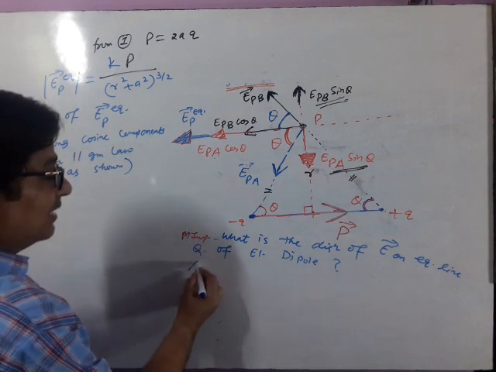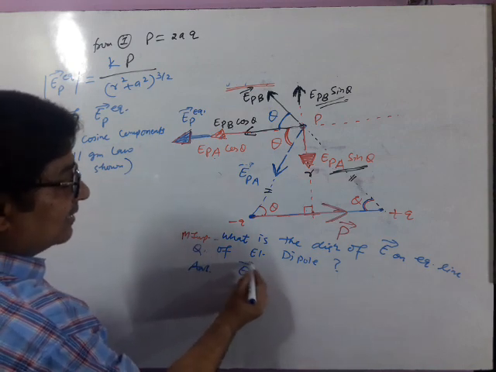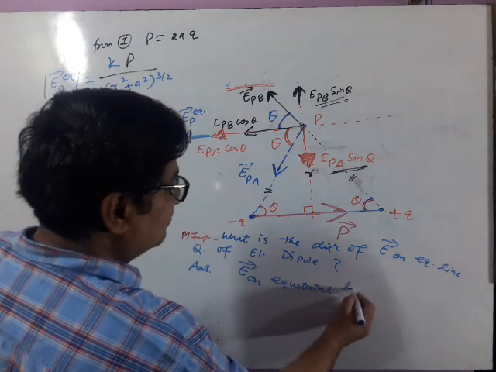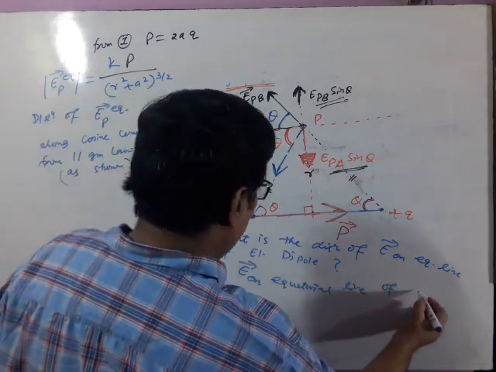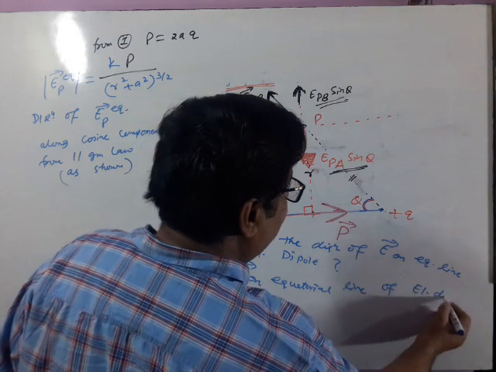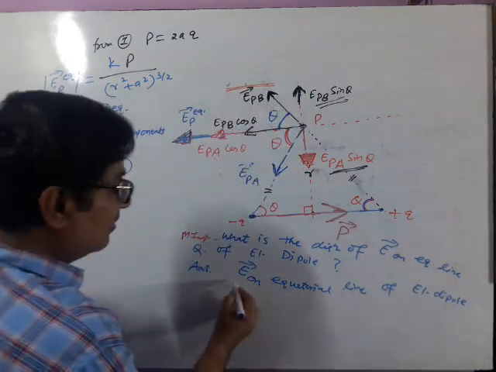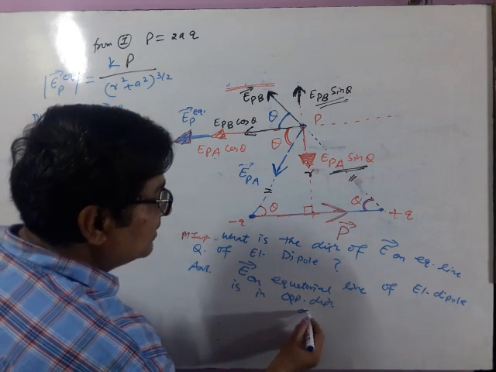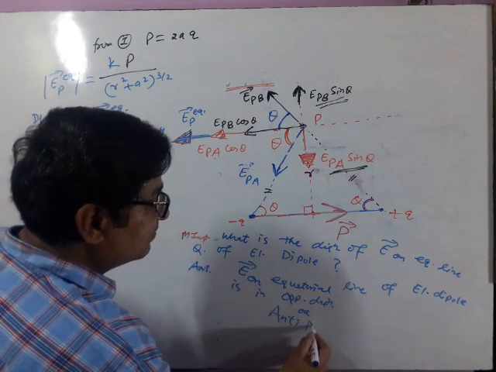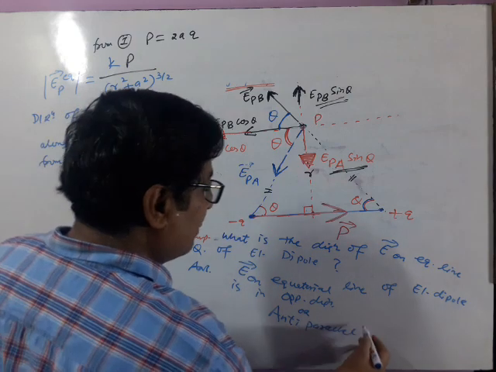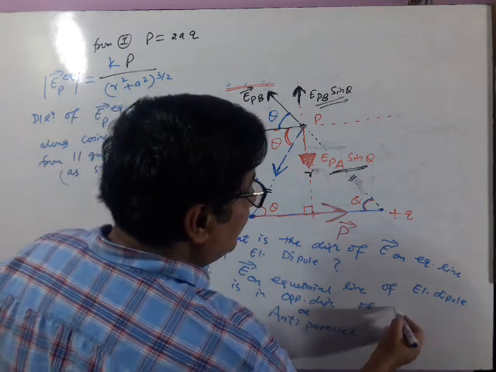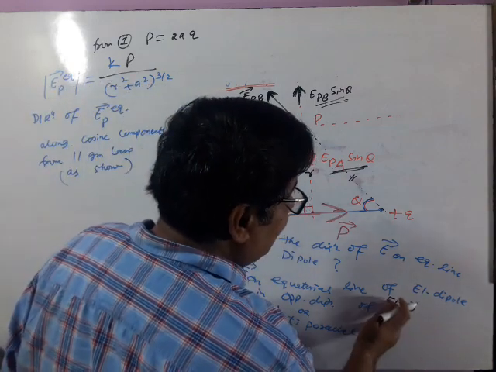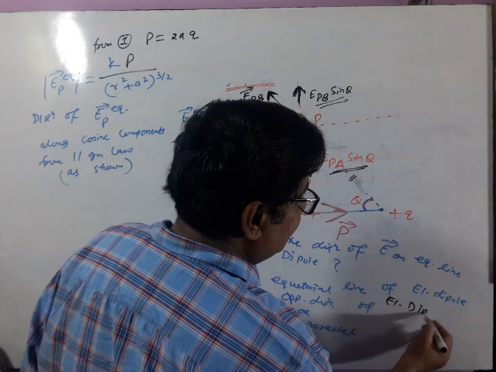Then you will have to write like this: electric field on the equatorial line of an electric dipole is in the opposite direction, or you may say anti-parallel, opposite direction of the dipole moment vector. Complete name: electric dipole moment vector.